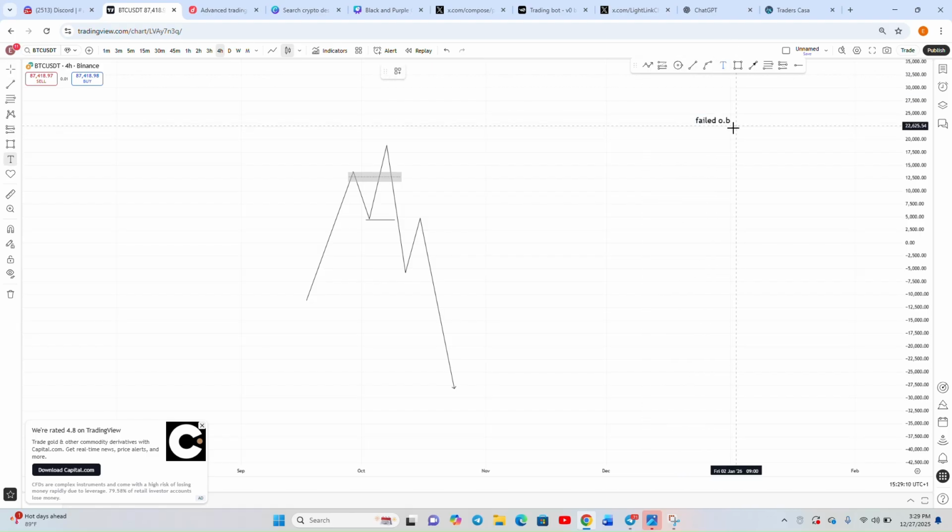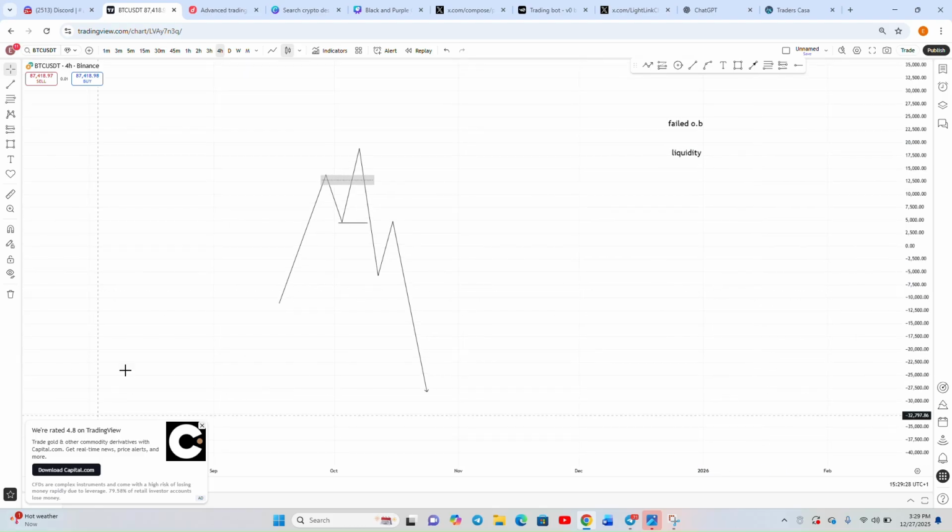Then, moving on, I want to see liquidity. That's for the 4-hour first. So where is liquidity in this pattern I drew? This is liquidity.